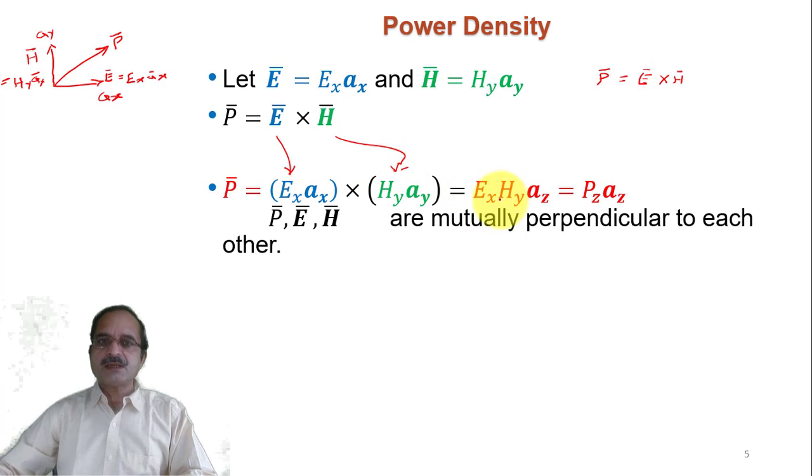This gives us Ex Hy. Ex is the magnitude of electric field, Hy is the magnitude of magnetic field intensity. So the product of these two, and Ax cross Ay, that is Az. So this we can write as Pz Az, the power propagating in z direction.